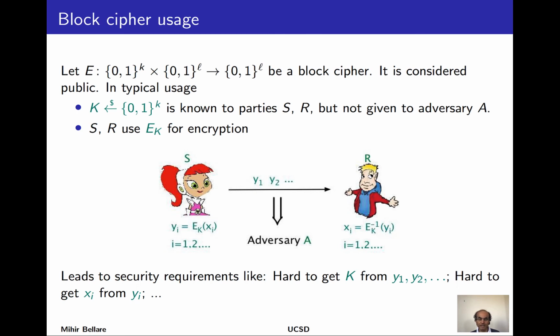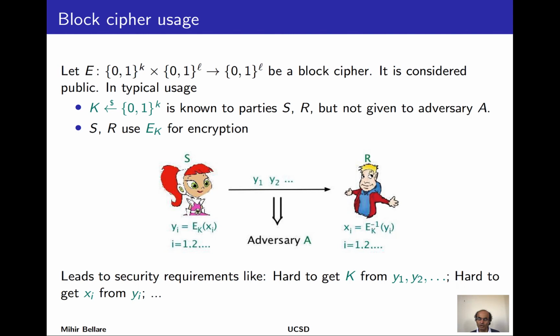This is done for many inputs, so the receiver gets a string of outputs of the block cipher. Now we see why the block cipher property is important. Since E sub k is a permutation, the receiver can decrypt by using the inverse function associated to k.